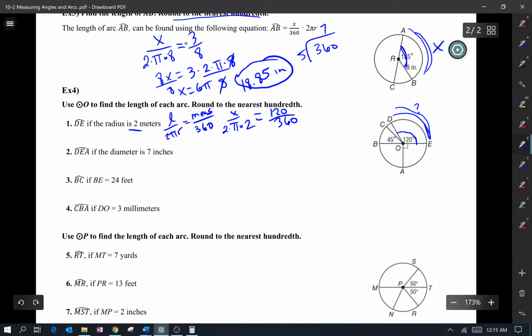Simplify 120 over 360, right? 120 over 360 is really just 1/3. All right, so what do I end up with? I end up with x over 4 pi is equal to 1/3. Cross multiply, we get 3x equals 4 pi. Divide by 3, divide by 3, we would get x equals 4/3 pi. All right? Example 2 is 4/3 pi.